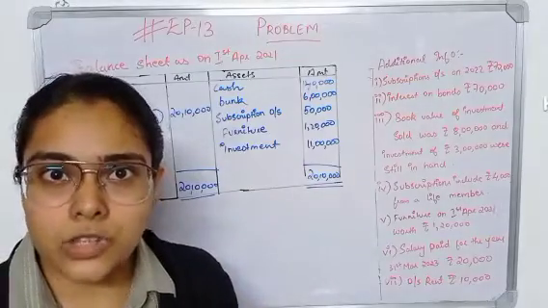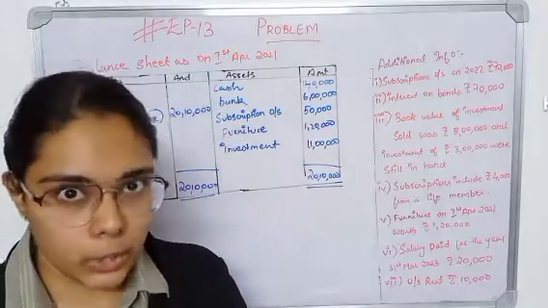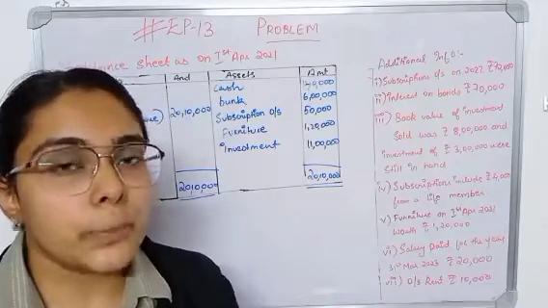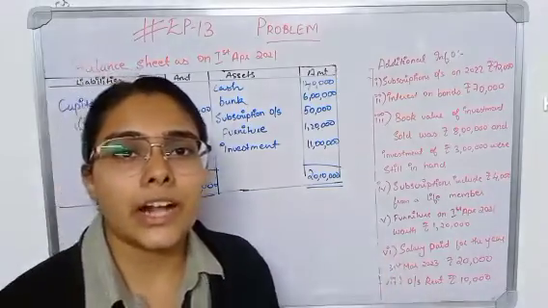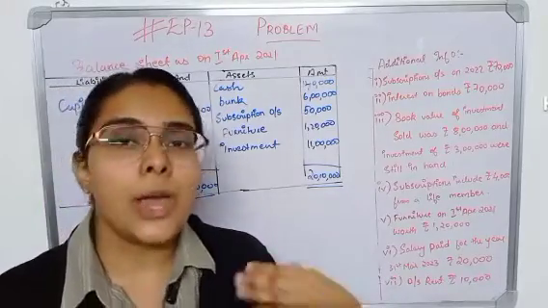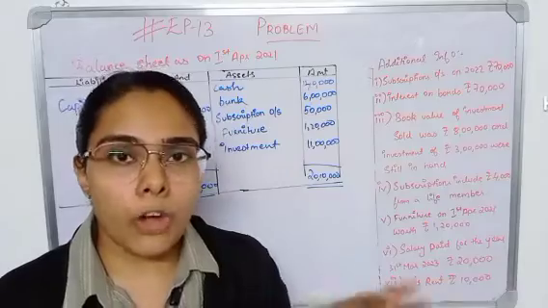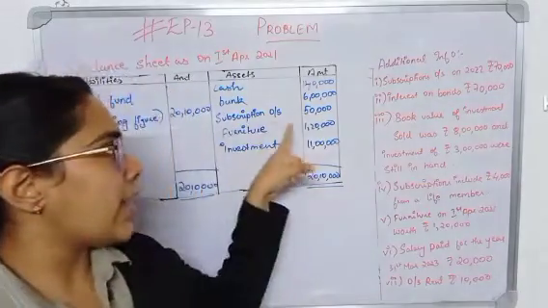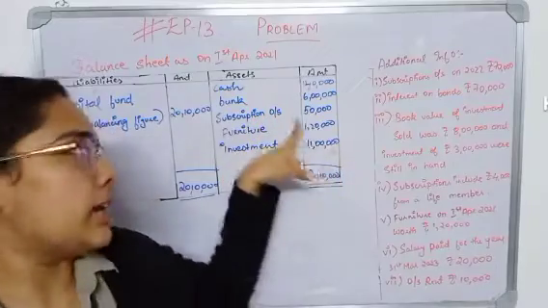During the current year, 2021-2022. You received it in that year, but it was received for which year? The previous year. So that means the amount of 50,000 was outstanding on the opening date. So you will write that as subscription outstanding 50,000.